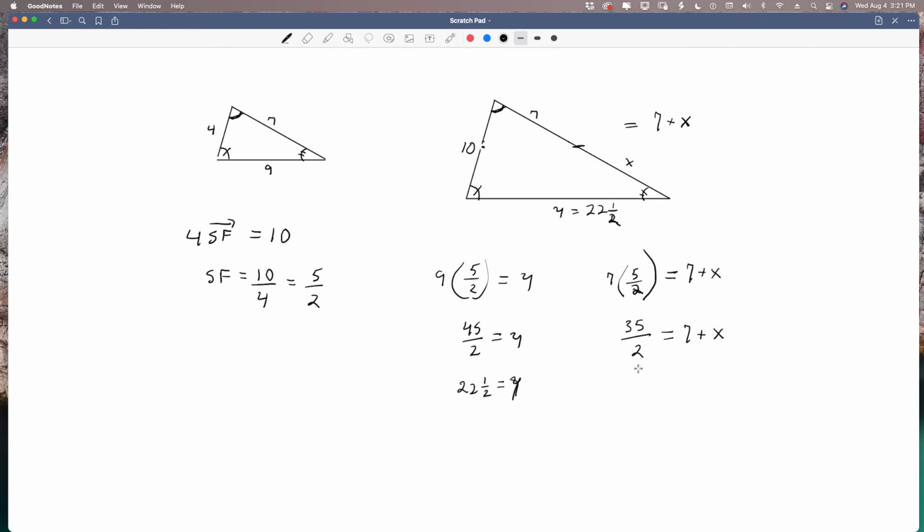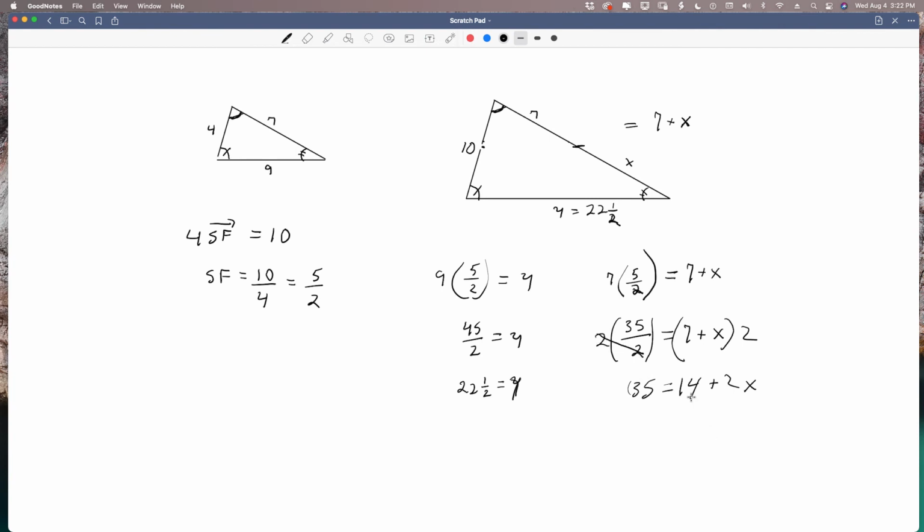Just like what we did with our previous problems where we multiplied to get the same denominator, that's what we're doing here. So 2 times this, and then 2 times this. And because we're doing it to both sides, it keeps the equation true. So let's say this is 35, this is going to be 14, and this is going to be 2x. And the reason this stays 35 is because this cancels.